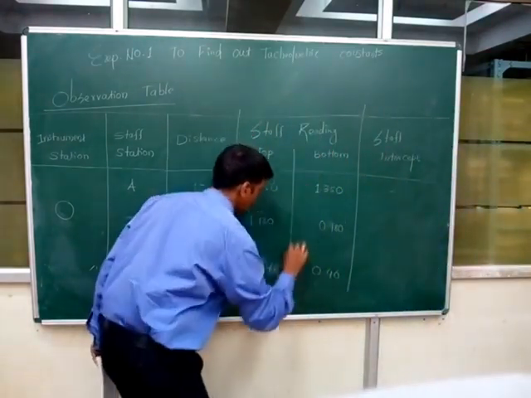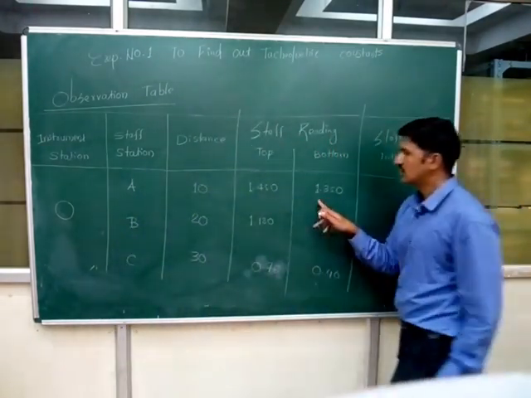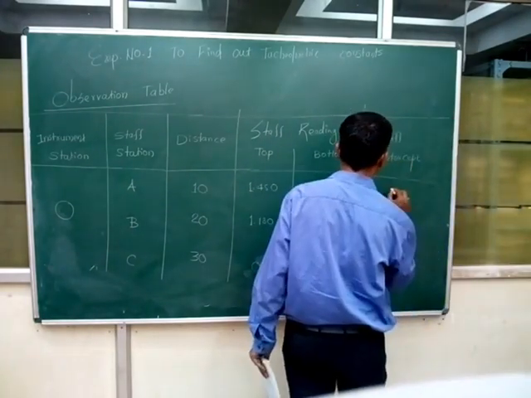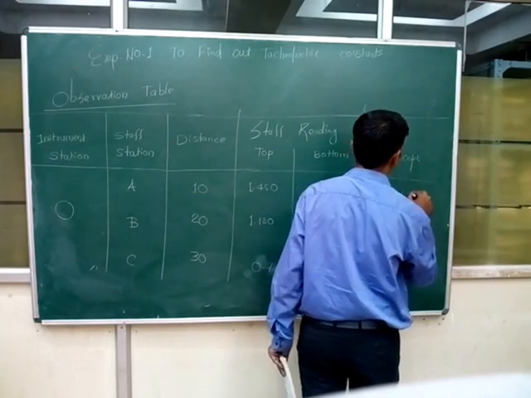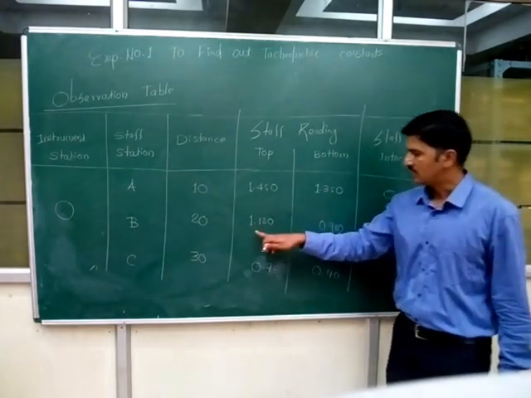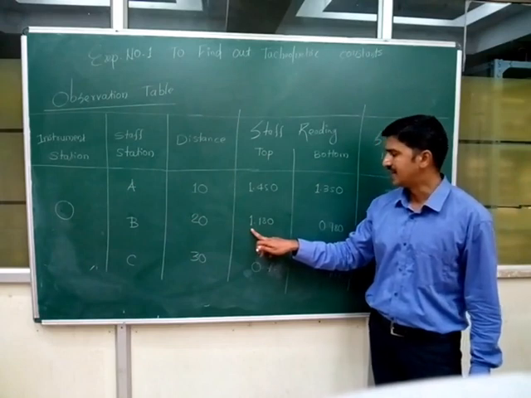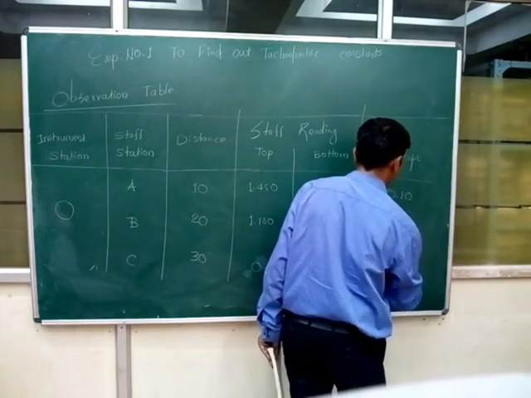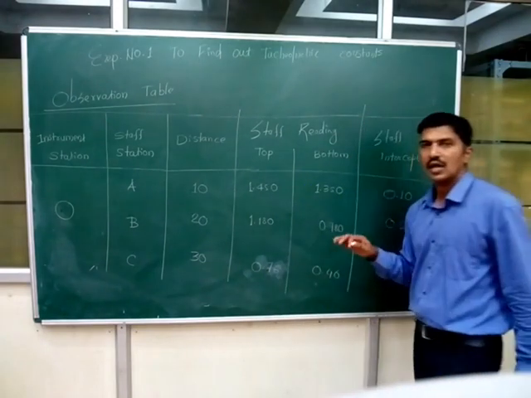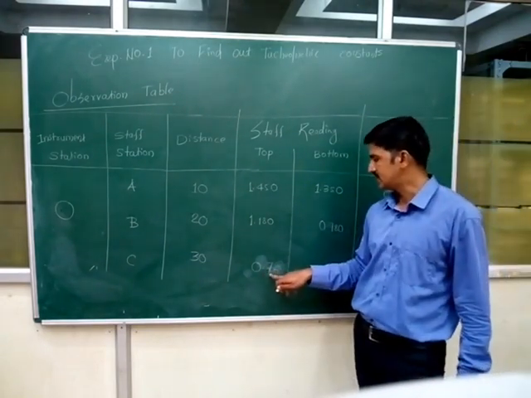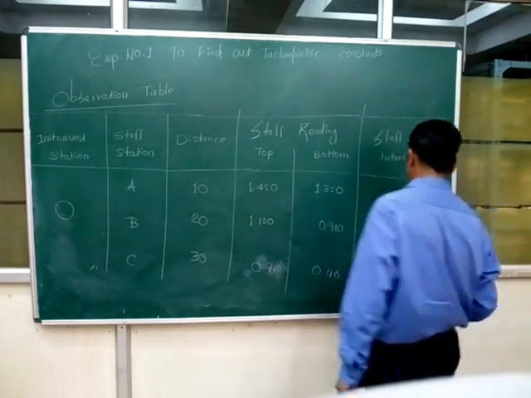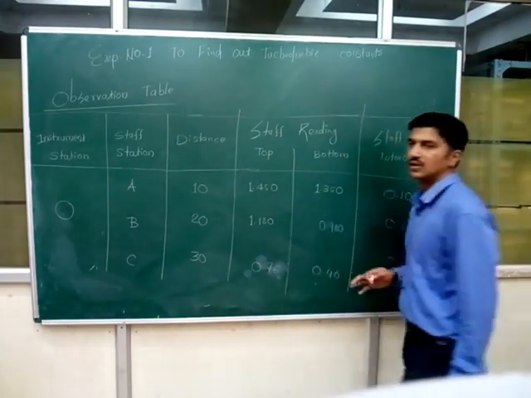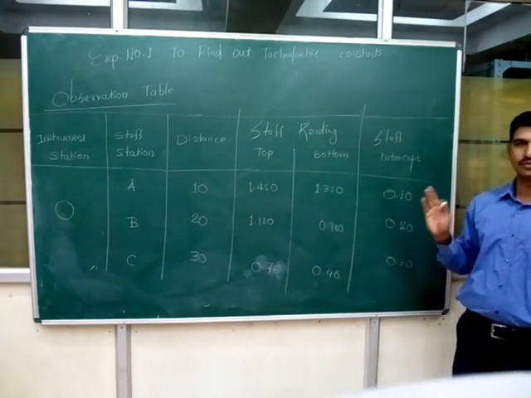So for A it is 1.45 minus 1.35, which is 0.10. For point B it is 1.180 minus 0.980, so it is 0.20, and 0.76 minus 0.26 gives 0.50 for C. So this is all the observation table.